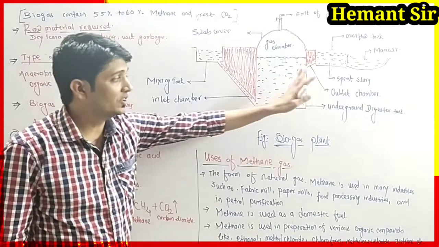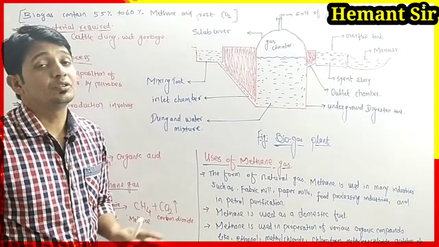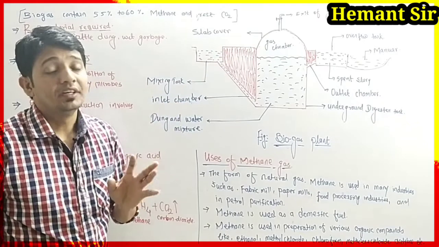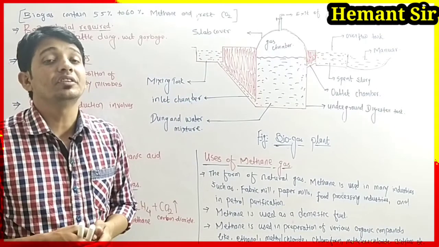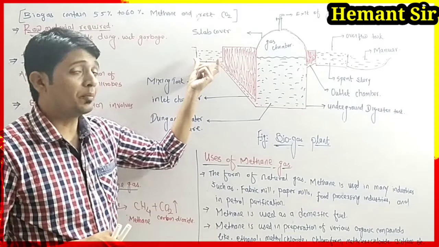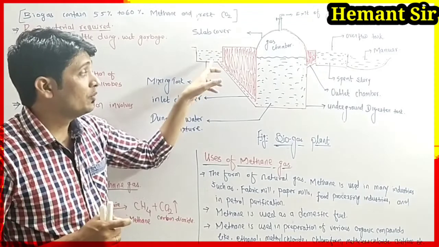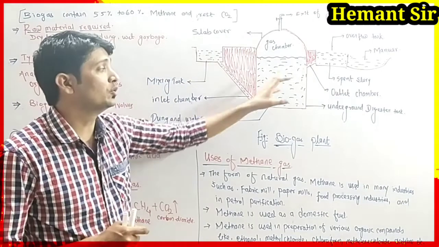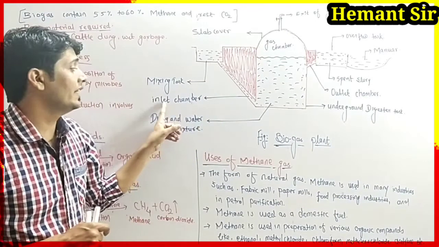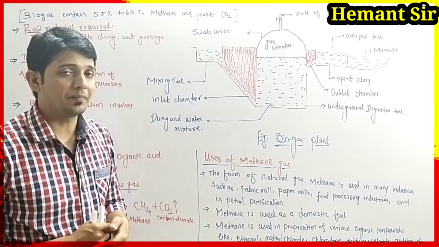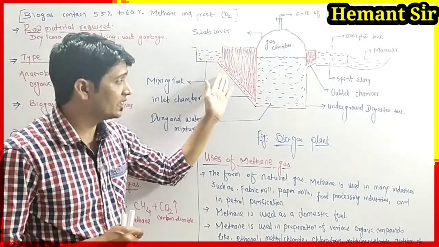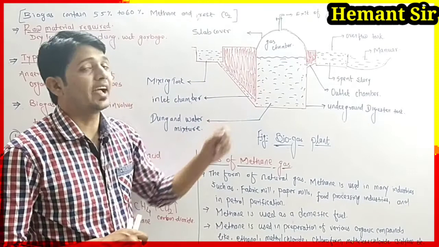So this is the biogas plant which is to be designed. This is the part where the organic waste is mixed with the water to form slurry. Then this slurry, or mixture of organic waste, passes through the pipeline to the tank called the digester. This pipe is the inlet chamber, or inlet pipe, from where the slurry of the organic waste with water passes from the mixer tank to the digester tank.